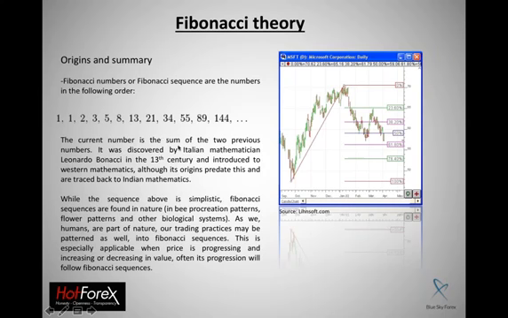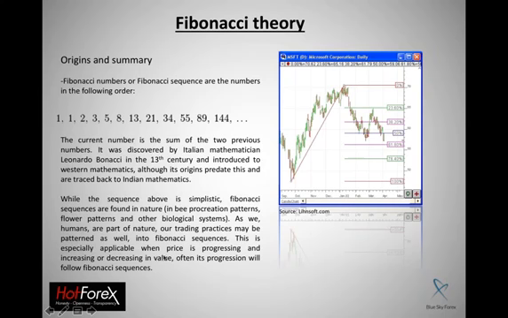Each number is the sum of the two previous numbers. That's it. It was discovered by the Italian mathematician Leonardo Bonacci in the 13th century and introduced to Western mathematics, although its origins predate this and are traced back to Indian mathematics.